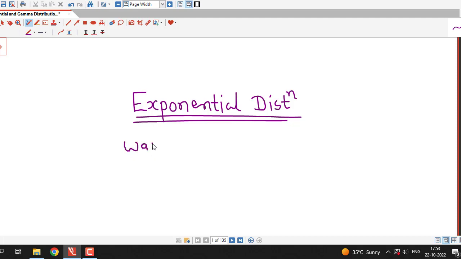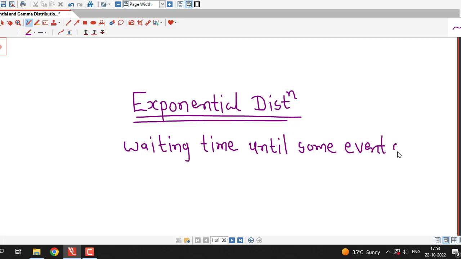If we consider the random variable capital X as the waiting time until some event occurs, or the waiting time until the first event occurs, then this random variable denoted by capital X is an exponential random variable.